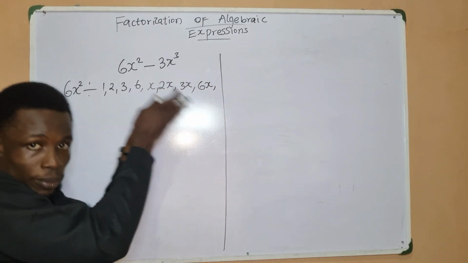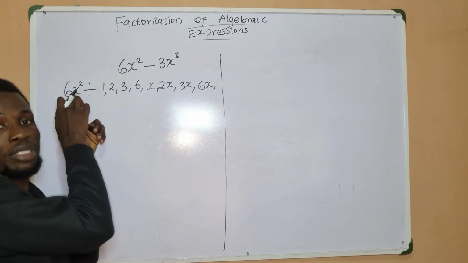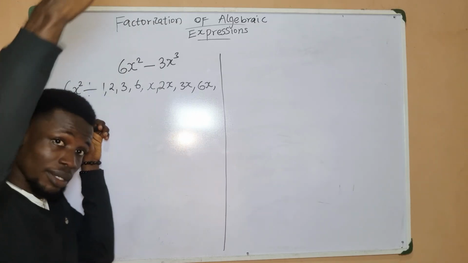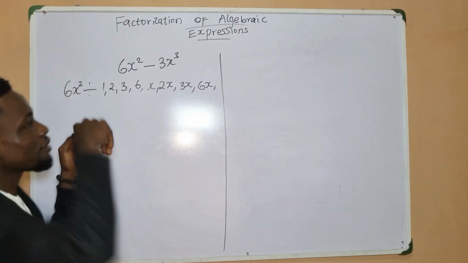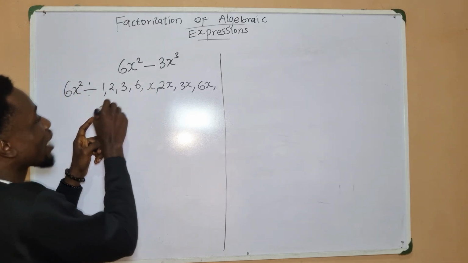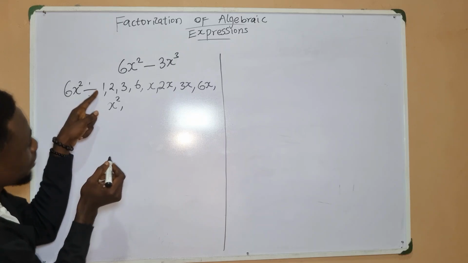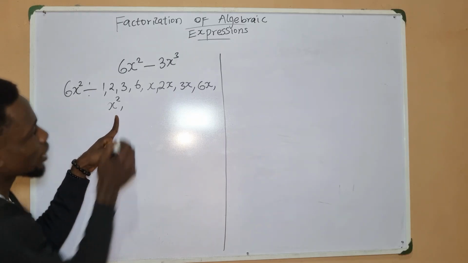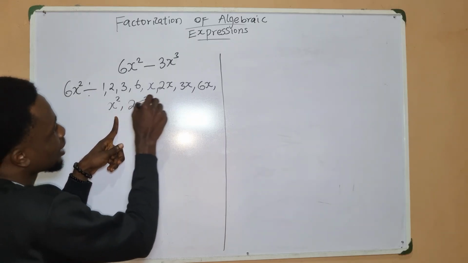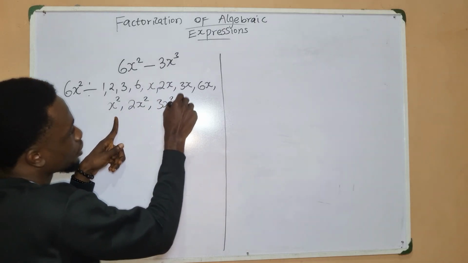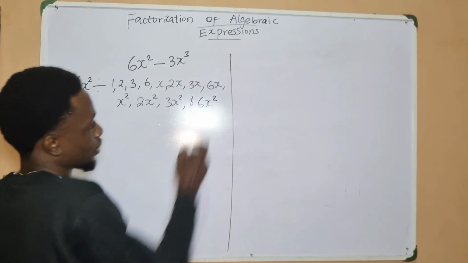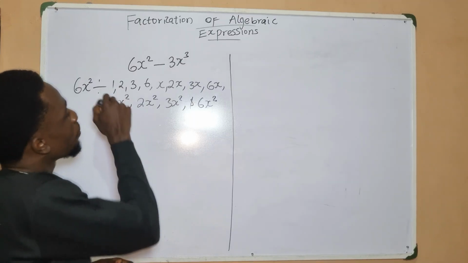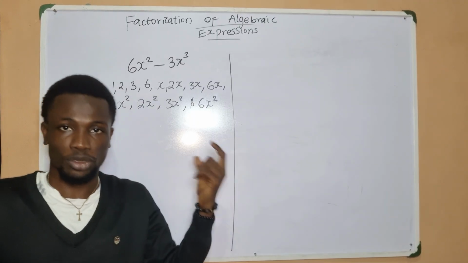We are not going to stop here because the exponent of the variable is 2. So after x, we do x squared: x squared, 2x squared, 3x squared, and 6x squared. This is the complete set of factors of 6x squared.